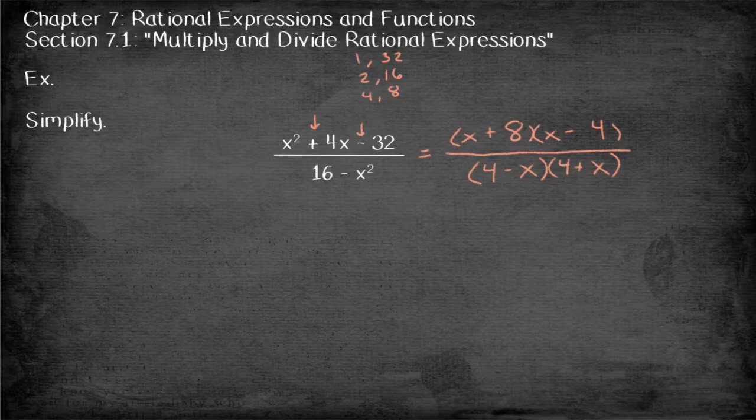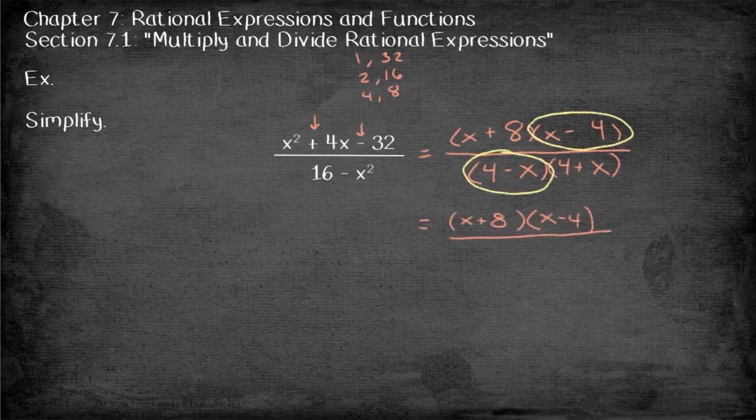None of these factors are exactly the same. However, this guy and this guy are exactly the negatives of each other. So if I want to be clever, which I do, I can factor out a negative 1, and that would change the order around.